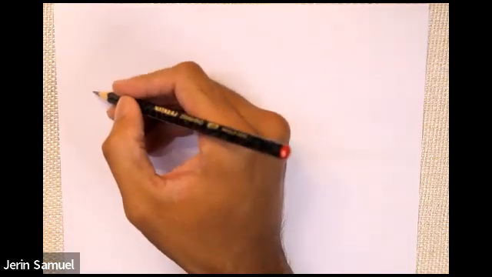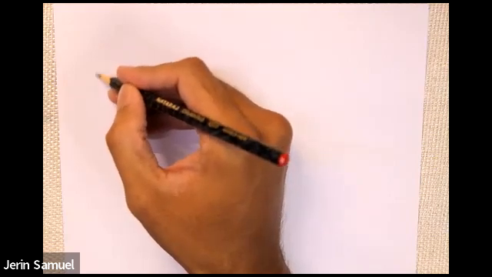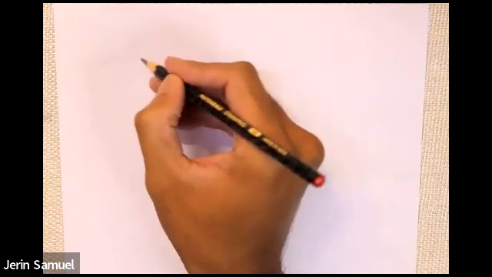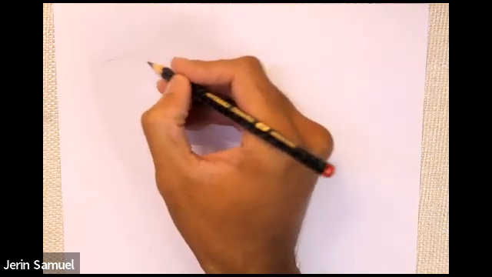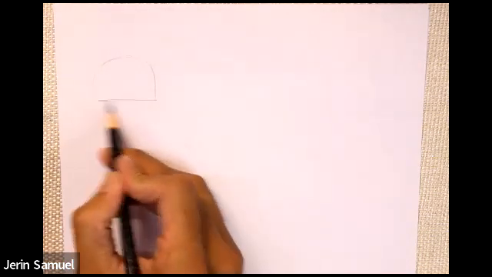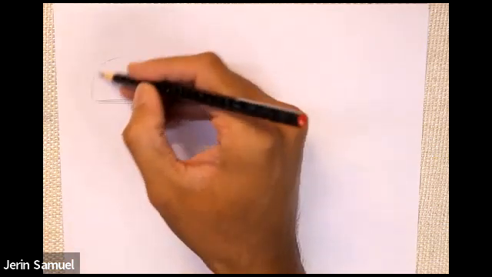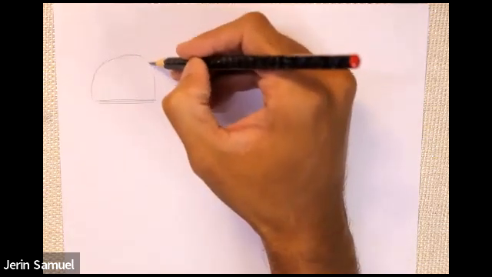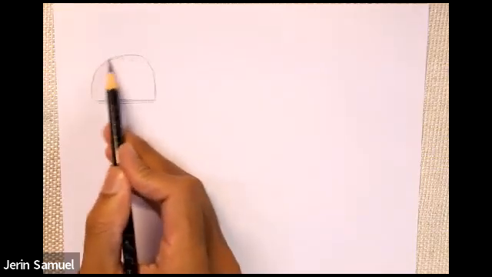So first tree, what we're going to do is we're going to make the shape first. We're going to make a semicircle. Okay.